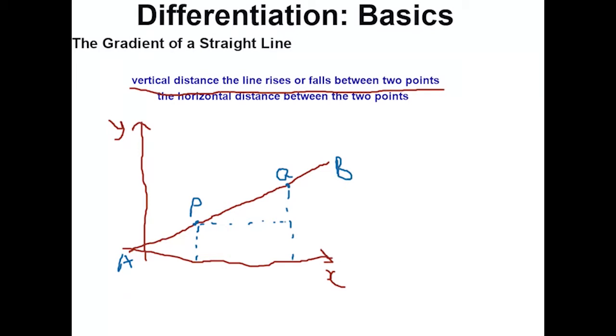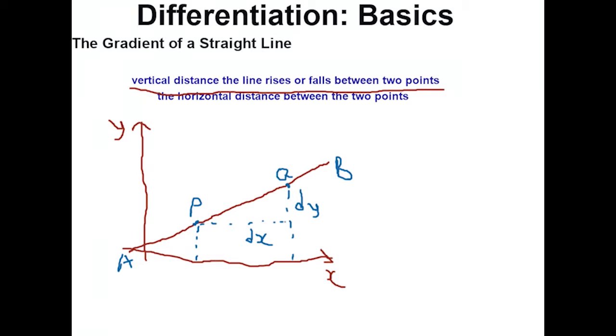So the changes in the x and y values from point P to point Q are denoted by δy on the y-axis and δx on the x-axis, respectively. The gradient of this line is given by δy over δx, and it has a symbol of m.